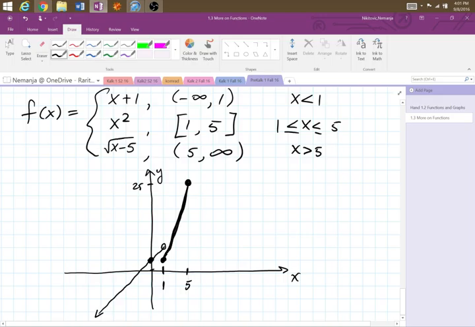And this is where the square root of x minus 5 begins, which looks like this. It's exaggerated. So open circle, and then the square root.